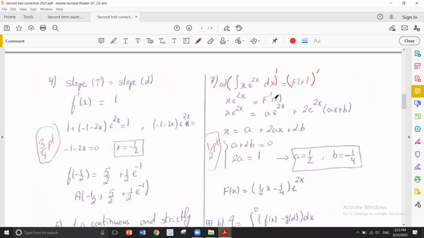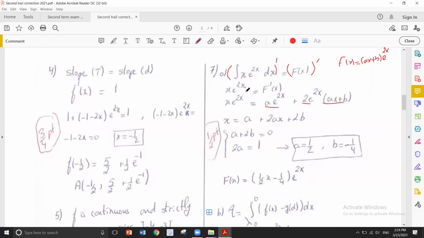Now to find f prime x, f(x) is of the form (ax plus b) e power 2x. So it is equal, u prime is a times e power 2x plus v prime 2e power 2x into (ax plus b).